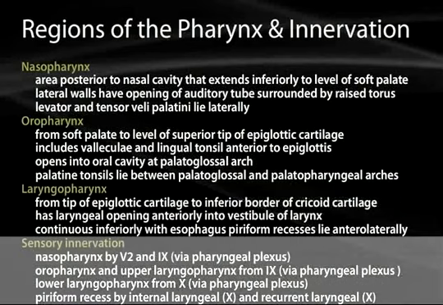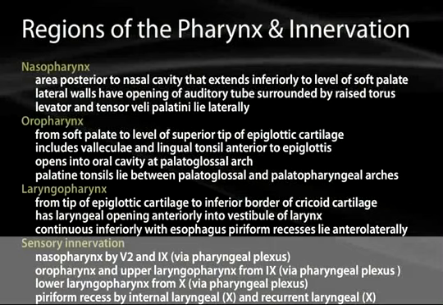Now, sensory innervation, the nasopharynx is supplied by V2 and mostly 9. The reason that you want some V2 going to the nasopharynx is so that you can elicit a sneeze reflex. So if you could get food above the soft palate, you want to exit this through the nasal cavity, because if you can't swallow it, since the soft palate goes up during deglutition, then it's going to be trapped there.